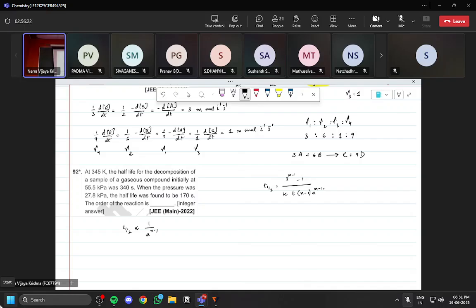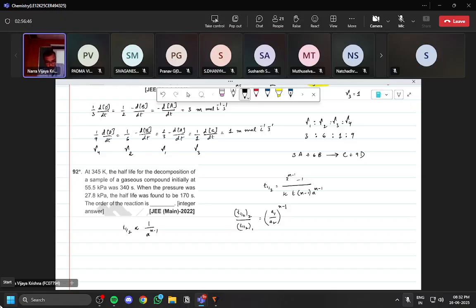So T half is proportional to 1 upon a power n minus 1, or not? So what can I write now? T half 2 upon T half 1 is equal to A1 upon A2 whole power n minus 1. Accepted?